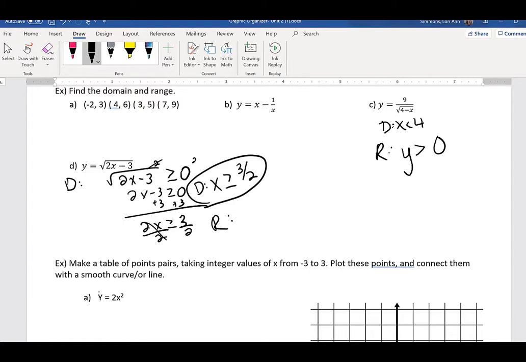Yeah, you would put 3/2 in and you get 0. Can y be positive? Yes, because you just put a number greater than 3/2 in. So put in 2. 2 times 2 is 4, minus 3 is 1. Square root of 1 is a positive number. So this would be y is greater than or equal to 0 for our range.